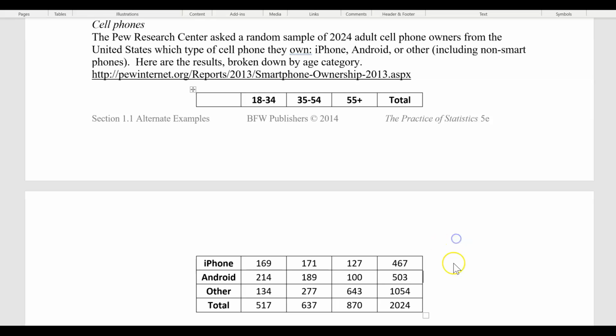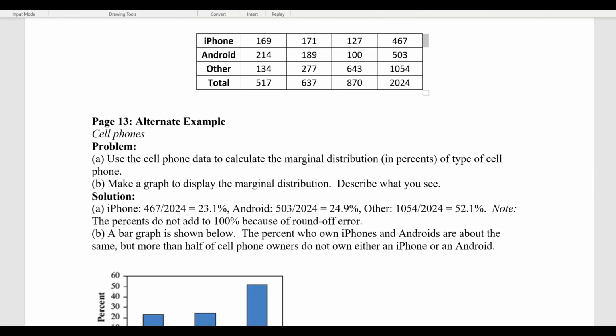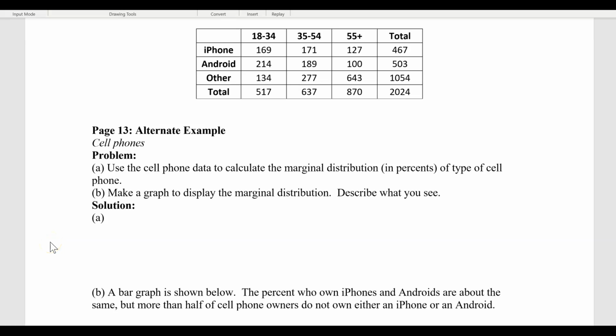Now, if I move down a little bit and look at the question that they ask, the first question is the marginal distribution of just cell phone type. It's basically what I had just broken down for you there. So for a marginal distribution, I would want to just simply think about what percentage of people are using the iPhone, what percentage are using the Android, and what percentage are using the other.